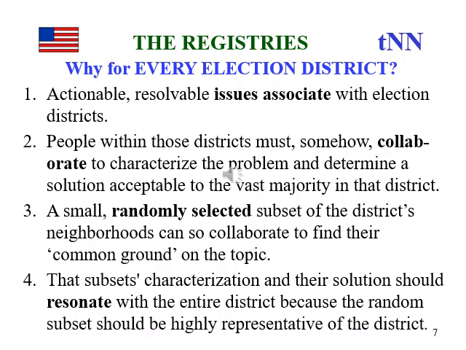A small, randomly selected subset of the district's neighborhoods can so collaborate to find their common ground on the topic. 4. That subset's characterization and their solution should resonate with the entire district because the random subset should be highly representative of the district.